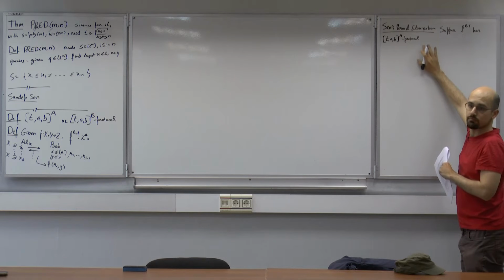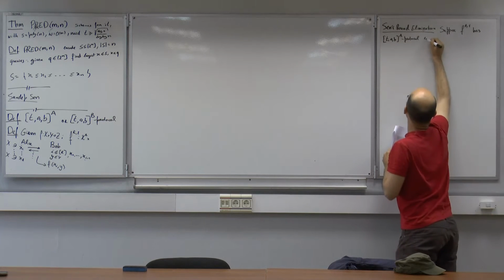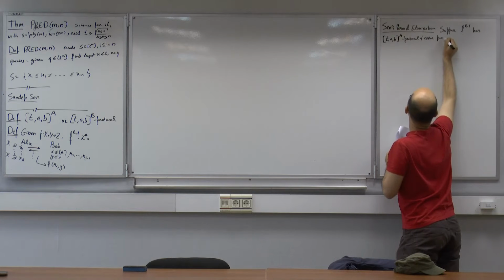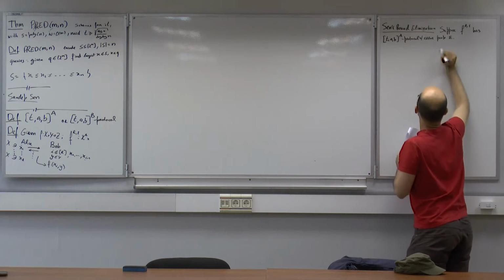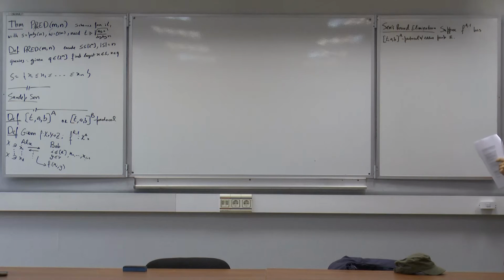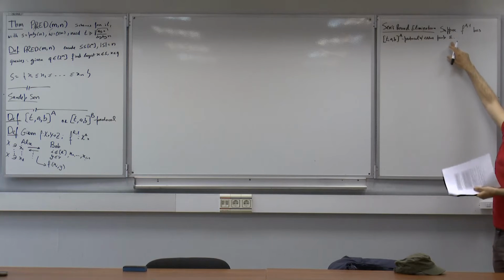I didn't say that, but it's a probabilistic protocol with error probability epsilon. So in this protocol, Alice and Bob share some randomness, and then they communicate, and then for every input, the probability that they're wrong over the shared randomness is at most epsilon.